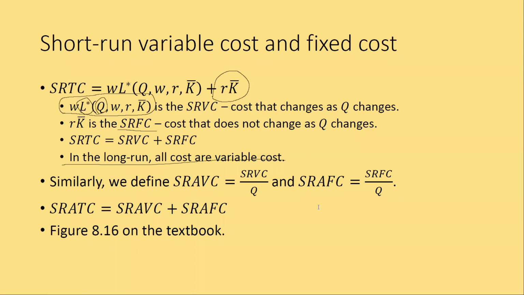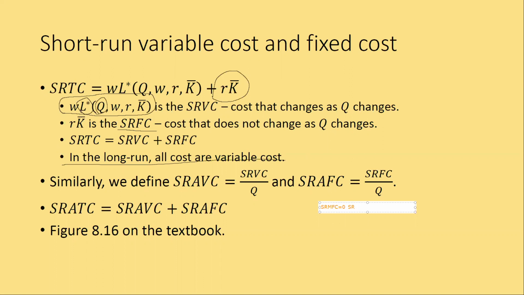I didn't write it down here, but the short-run marginal fixed cost is going to be 0, because the fixed cost, by definition, is the cost that does not change as Q changes, right? So if this is a constant and we take the derivative with respect to Q, we are going to get 0.